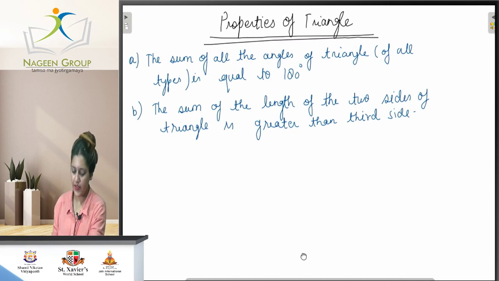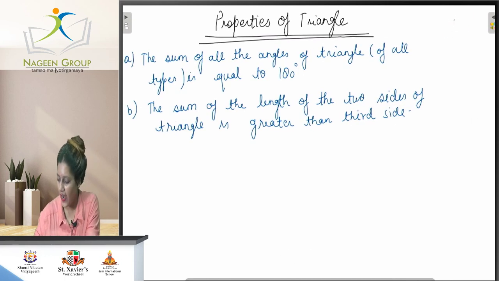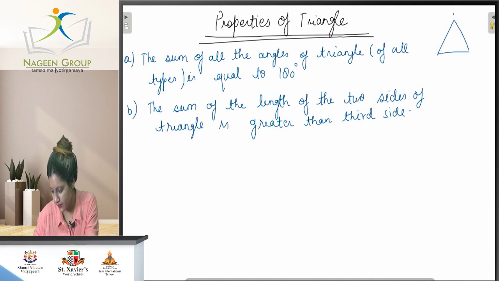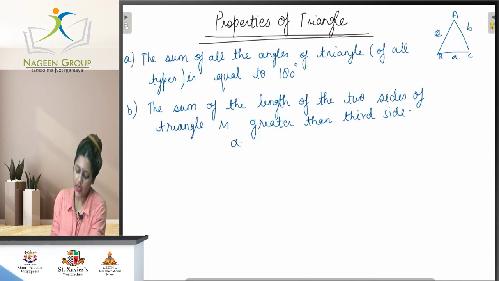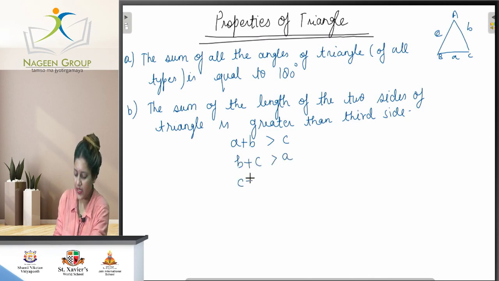Means if we make a diagram here of triangle ABC, this is side A, this is side C and this is side B, then A plus B is always greater than side C. In the same manner, B plus C is greater than A and C plus A is greater than B.